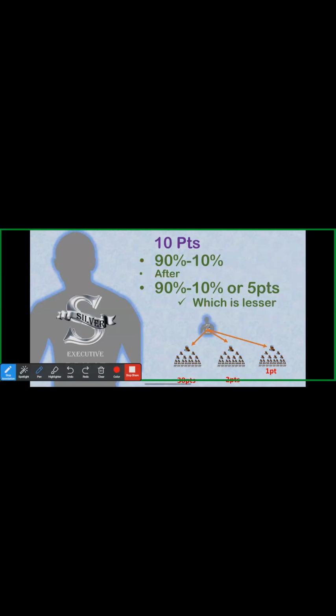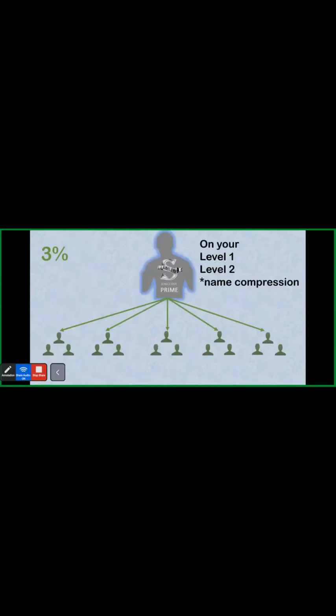This one can give 2, this one can give 2. Eric can very easily become a silver executive prime because he has 5 legs. Even if another one gives him 0.1, at least each of those legs has given him points. That is for the silver executive prime. The same thing goes for GE and everything.